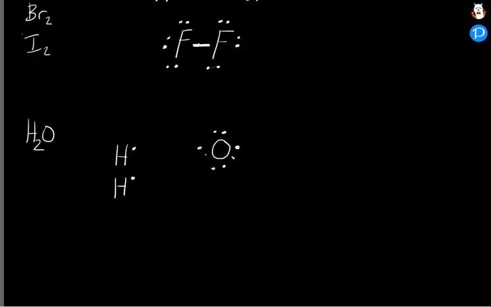And so if I look at this, it makes sense that I would have 2 hydrogens for every 1 oxygen, because these 2 electrons here can be shared with each other to form a bond, and this electron and this electron can be shared between each atom to form a bond.